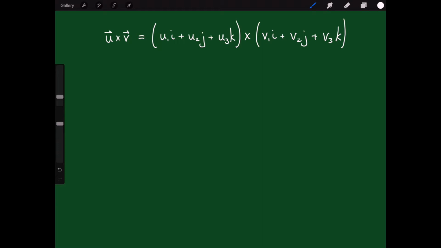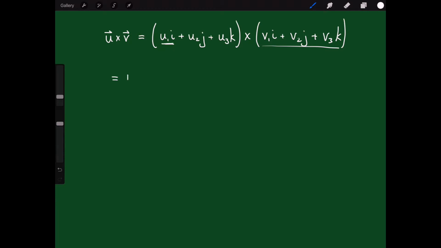All right, now let's distribute all this, because now we've just got the cross of a sum of vectors, and so we know that we can distribute this. When I do, I get u1 times i cross each of these guys. Okay, so let me rewrite. I'm going to take this one and distribute it across this whole vector over here.